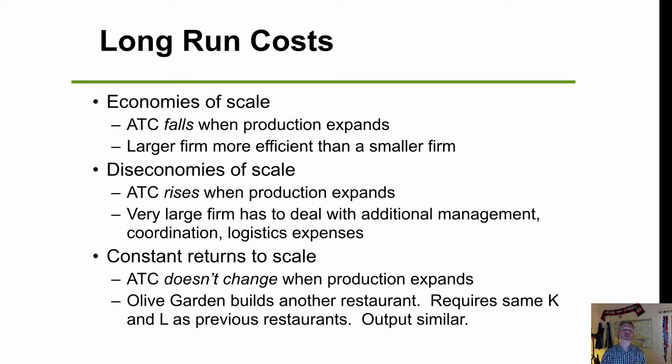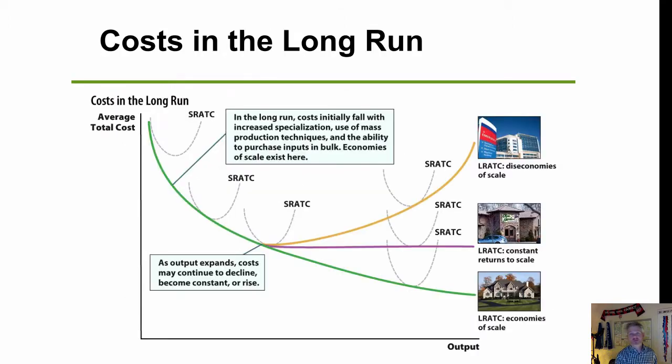If you double your production and your average total cost falls, then you have economies of scale. You want to keep getting bigger then. If you double the size of your firm and the average total cost actually rises, then you have diseconomies of scale. You may actually want to shrink the size of your firm because you're already producing so much that it's problematic for your firm.